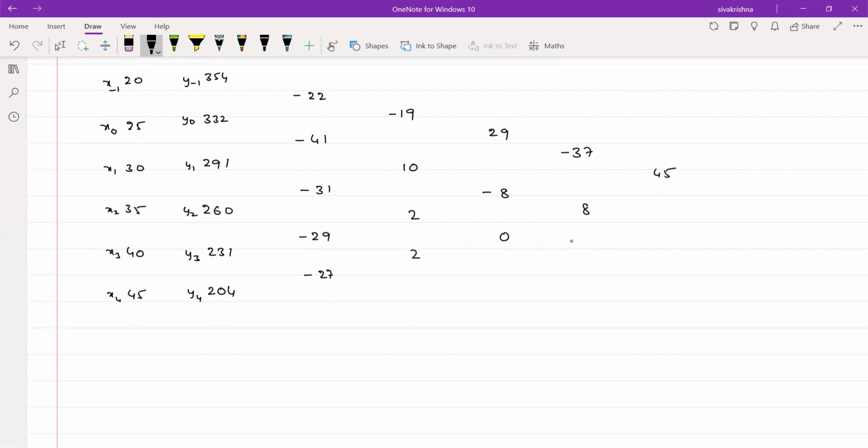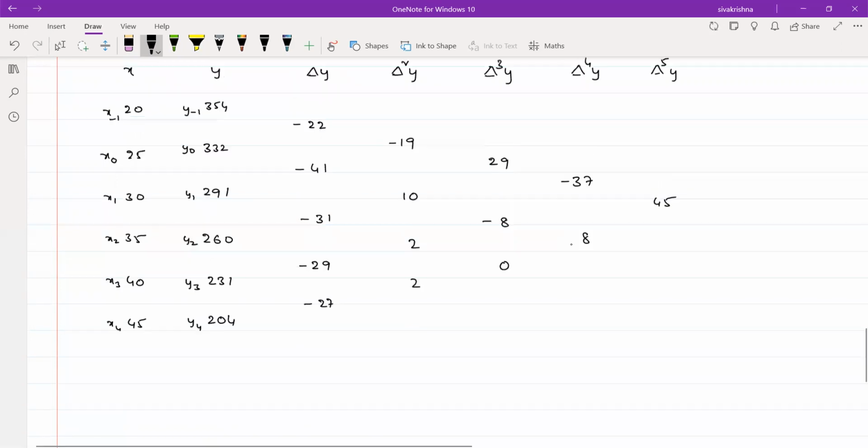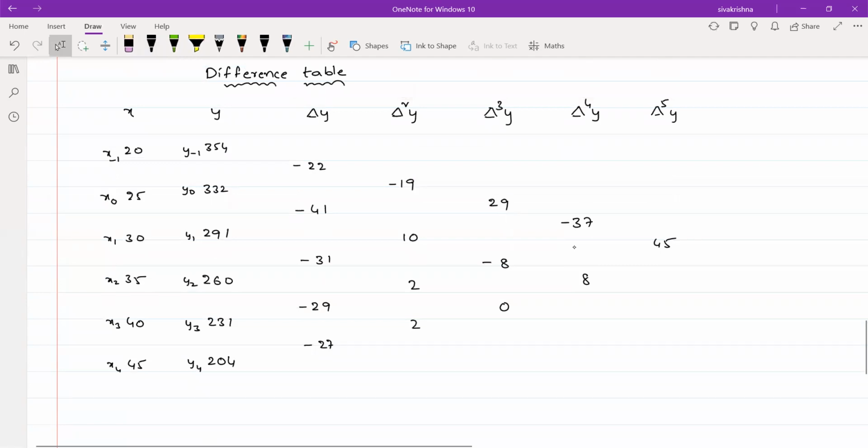The first differences can be treated as this is delta y suffix minus 1, and this is delta y0, this is delta y1, delta y2 and delta y3.